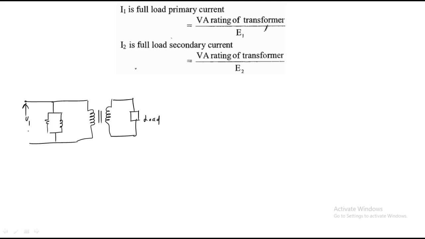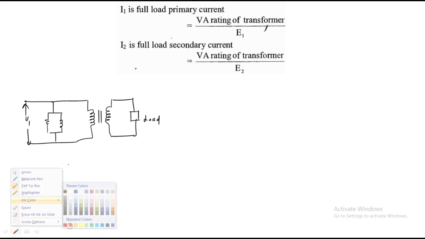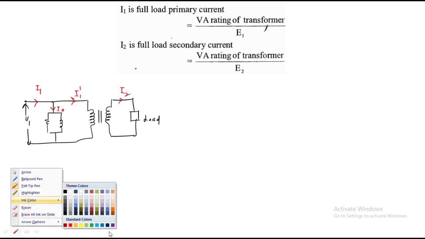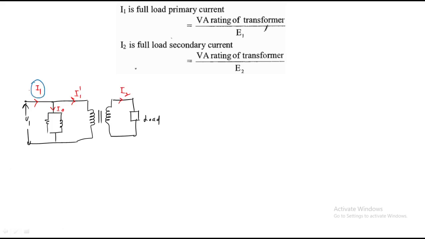This is the supply voltage V1, clear. So what are the currents? This is the primary current, this is I0, this is I1 dash, and this is I2. So this I1 and this I2 are the primary full load current and the secondary full load current.